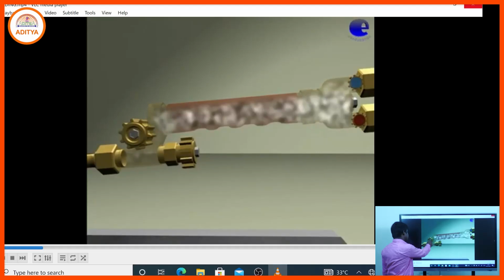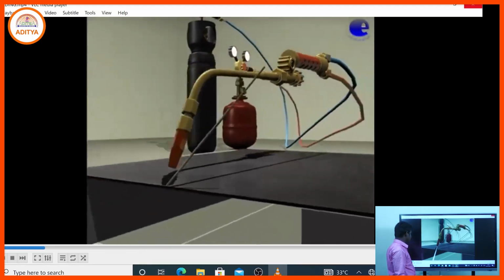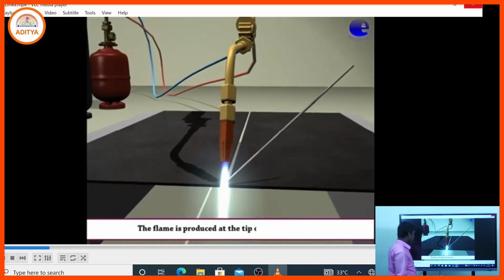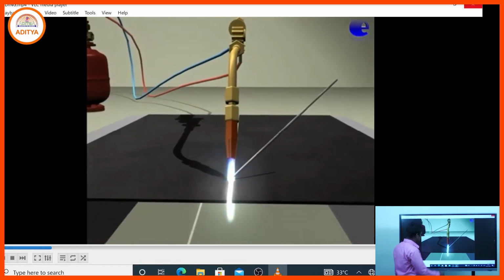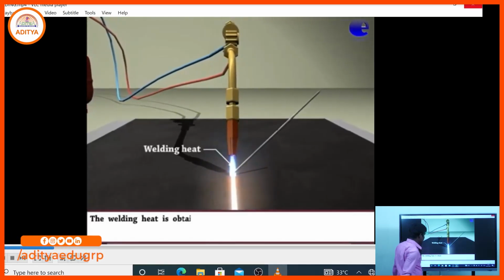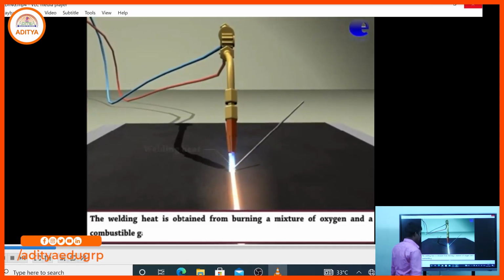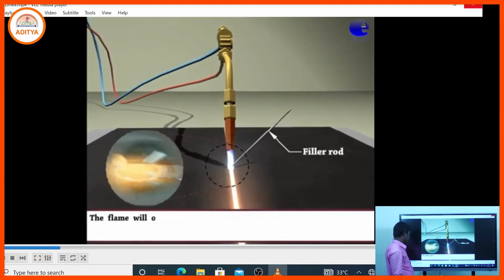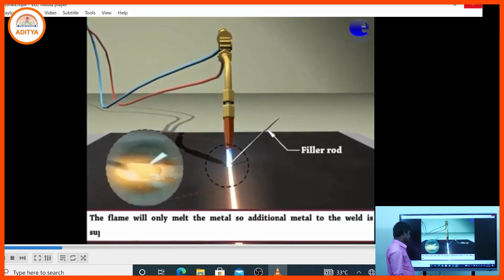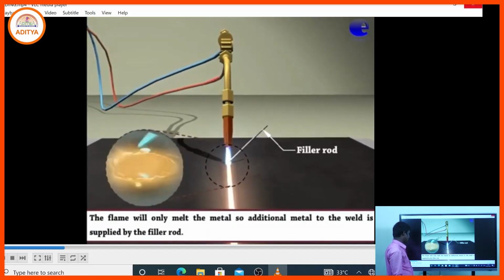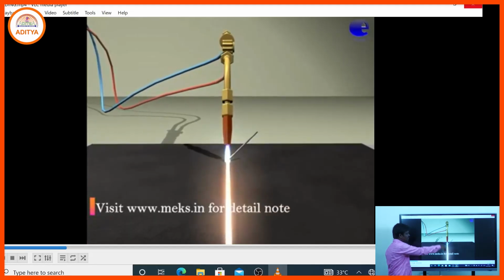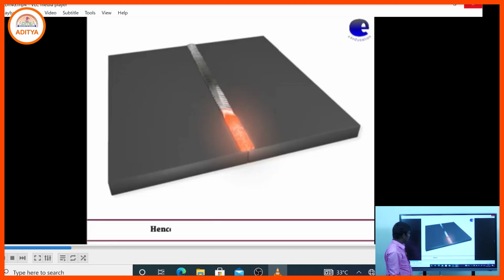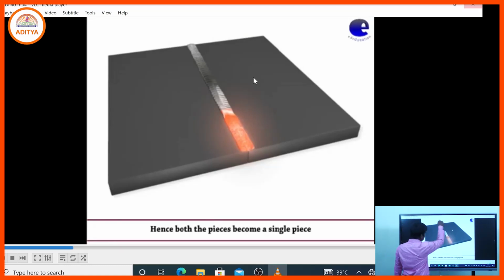The gas comes and is mixed in the mixing chamber. Here the torch burning operation is done, and due to burning of the gases, the metal is melted across the joint to do the welding. Sometimes we also use the filler rod for joining the two metals, and that is the welding zone.